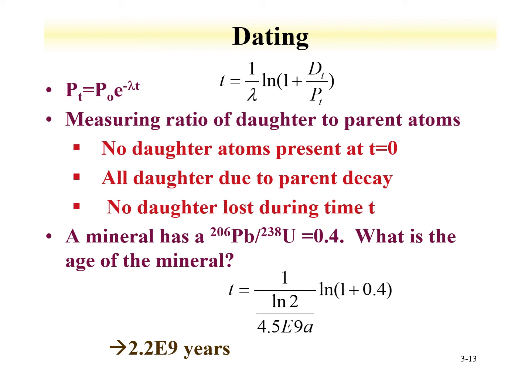So what we need to assume is that there was no lead-206 present at time 0 in this zircon, that all the lead-206 that is there is due to the decay of uranium-238, and that no lead-206 was lost during the lifetime of this material. What you could do for lead, if you were to evaluate if there was other lead present, is that lead has other stable isotopes.